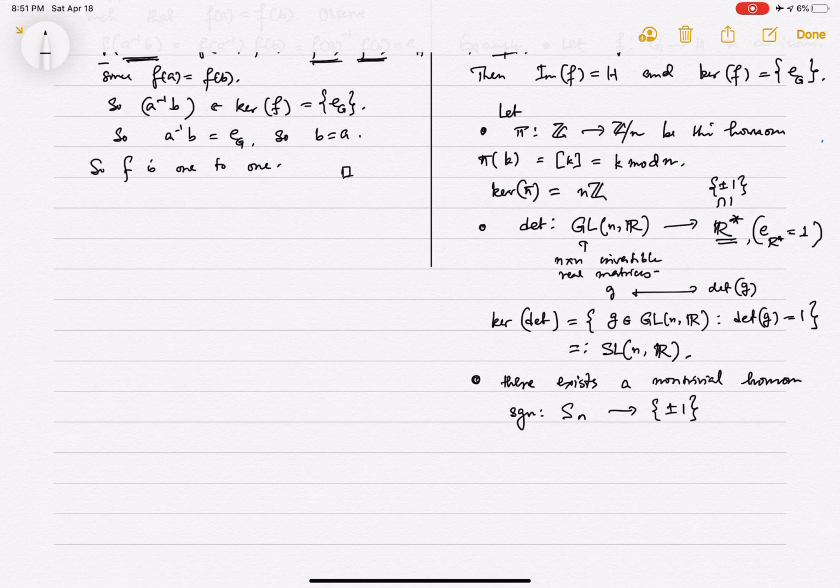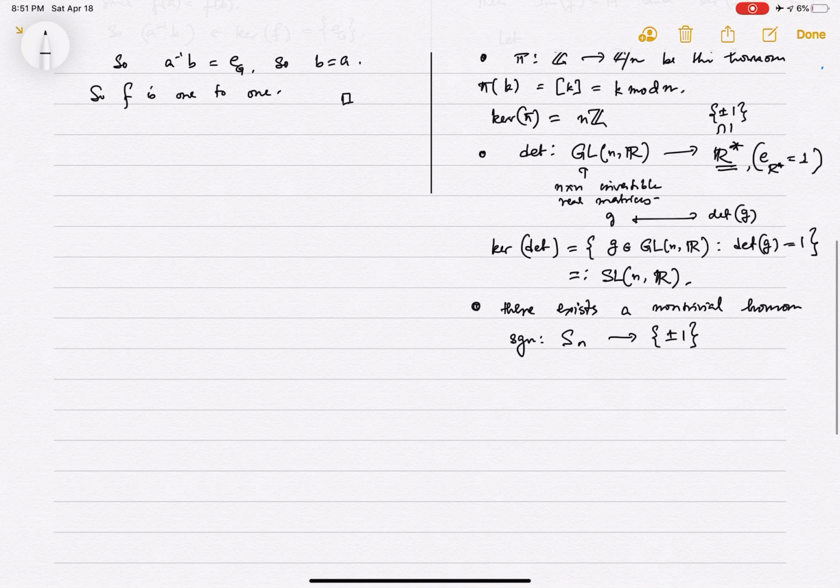There's this non-trivial homomorphism called the sign of a permutation, such that the sign of a flip is minus 1. Actually, that determines it.